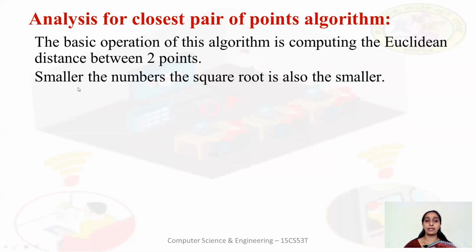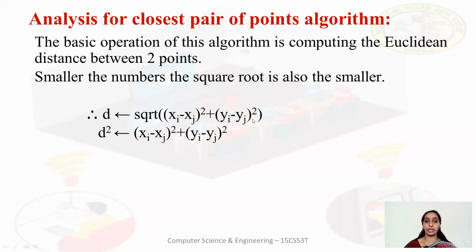Okay, and so according to that, the smaller the number, the square root is also smaller. Okay, so if the distance between any 2 points is smaller, its square root is also smaller, alva. Therefore, d is equal to square root of xi minus xj whole square plus yi minus yj whole square.